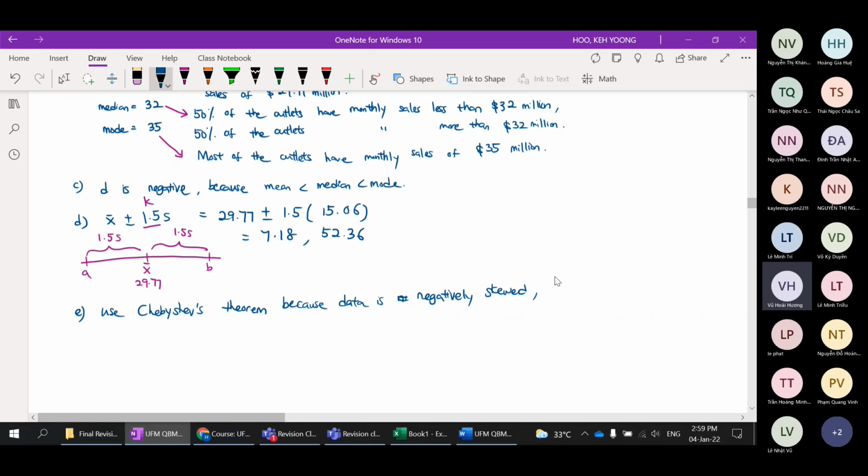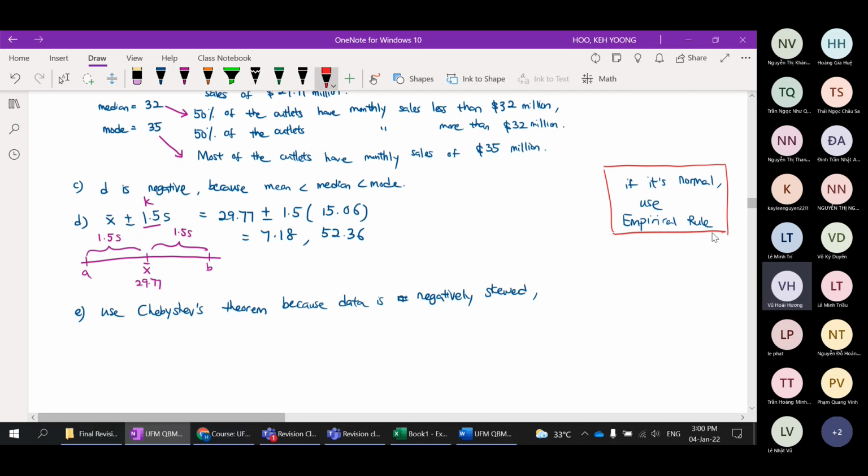So what if it's normal? If the data is normal, we will use the empirical rule. Please refer to the chapter 3 lecture slides, it is mentioned there. We have two rules: one for any distribution, and one for normal distributions.